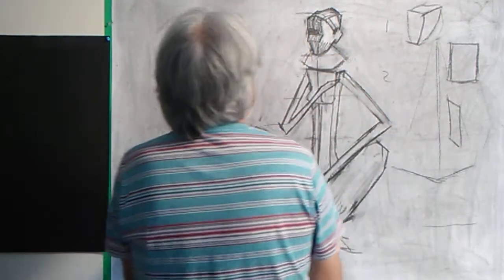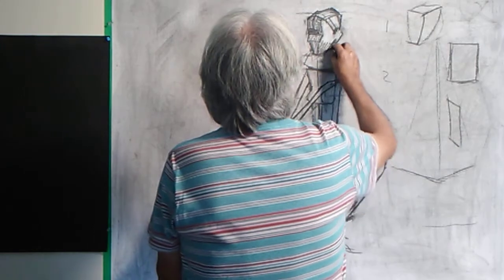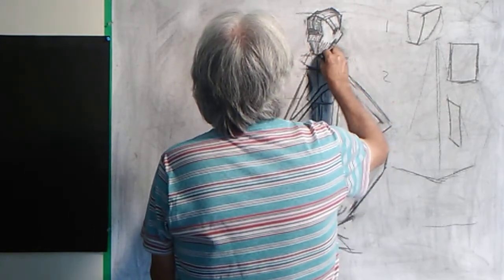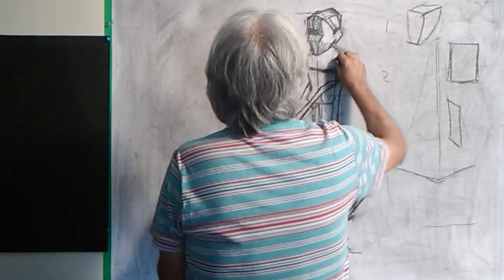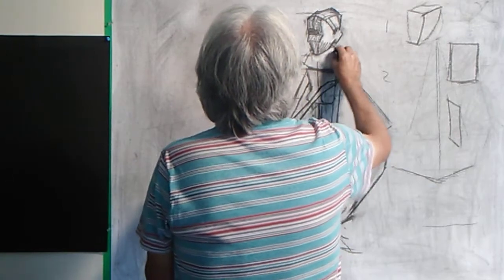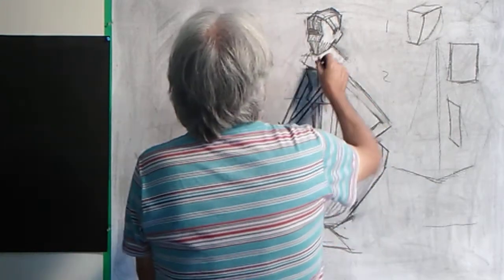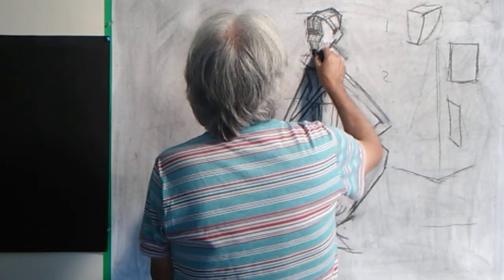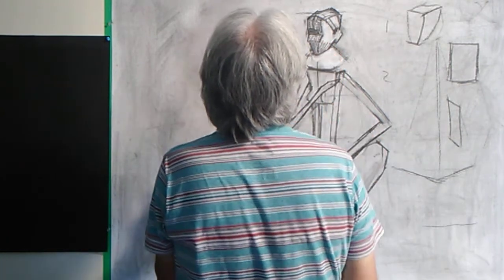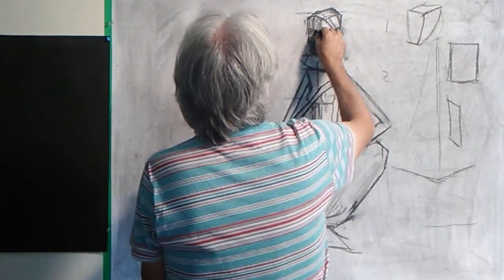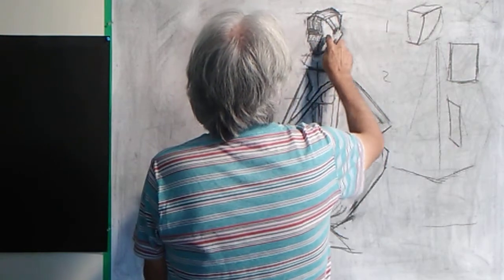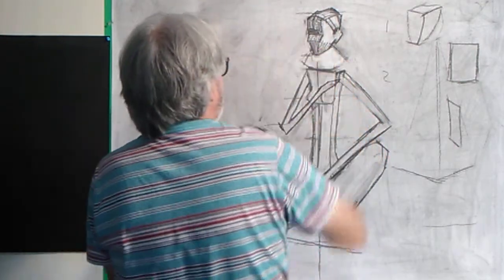So what I'm trying to do in this is lighten this so you can see it. I'm trying to keep these planes with slightly different values than the one next to it. So this is a little darker than that, this a little darker than that, this a little lighter than that.